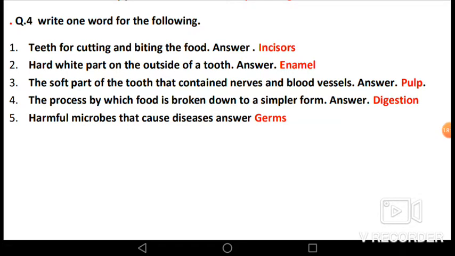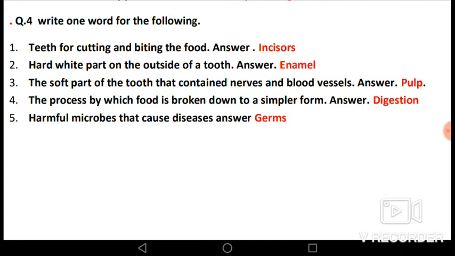Now let's revise, write 1 word. First, teeth for cutting and biting the food. As we know, there are 4 types of teeth according to their different function. The function of first type of teeth, which is incisor, is to cut and bite the food.